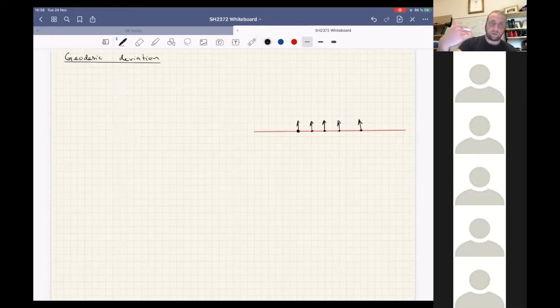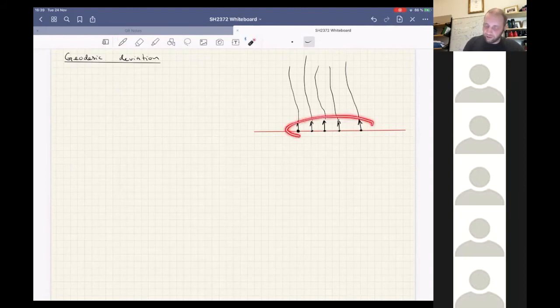And then we can create a family of geodesics by looking at how the geodesics, with those initial vectors here as tangent vectors, would evolve with time, or rather with the curve parameter.